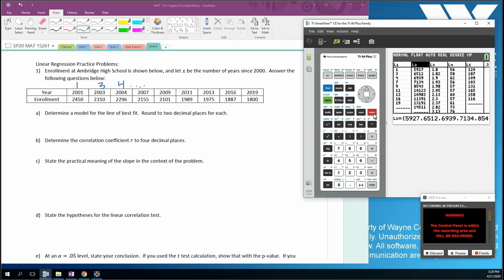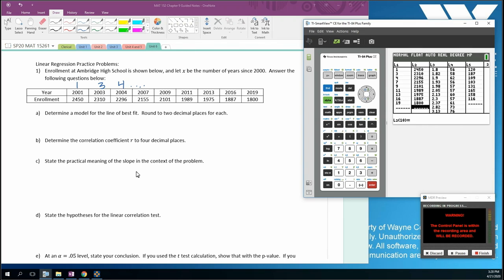So 2450, 2310, 2296, 2155, 2101, 1989, 1975, 1887, and 1800 students. Yeah, Ambridge is actually a real place outside of Pittsburgh. They're actually the headquarters of American Bridge. Little fun stuff.